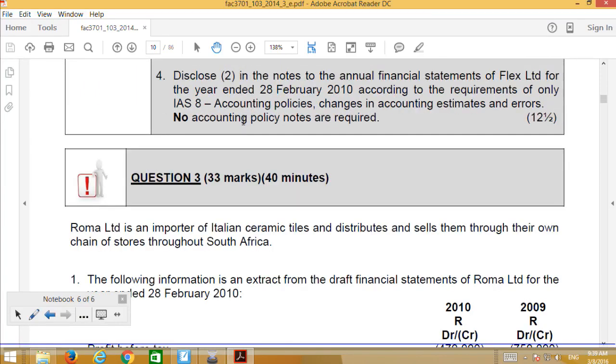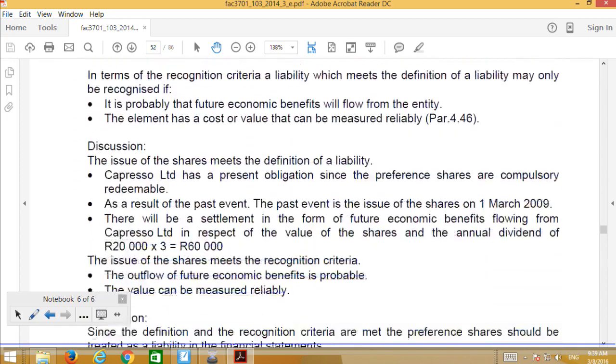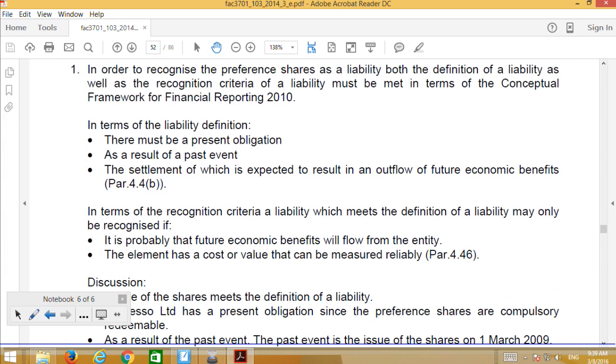If you look at the back of your page, you'll see I've put all the solutions in. It always seems to me that the solutions follow the framework that I've given you. I don't know how it's so few marks for such a lot of writing, because it's only 5 marks.